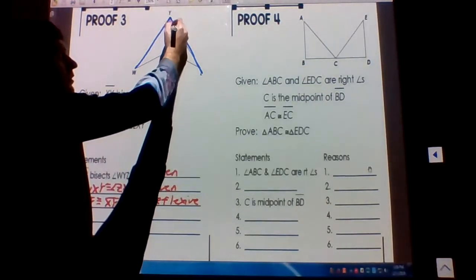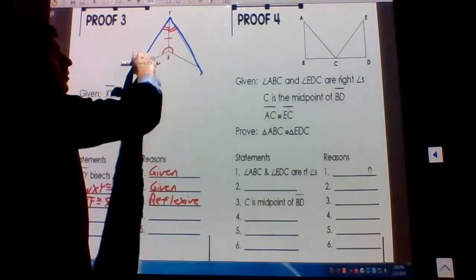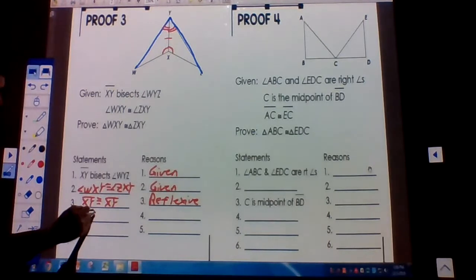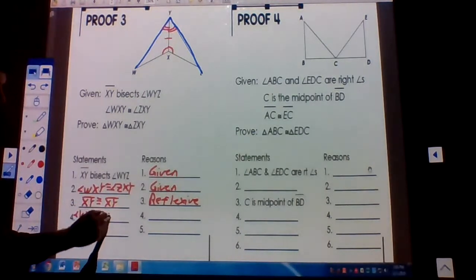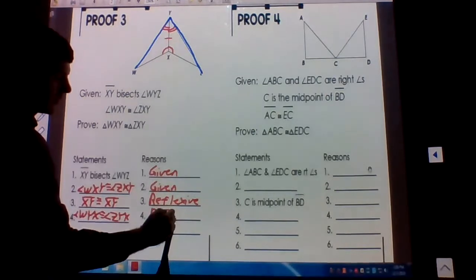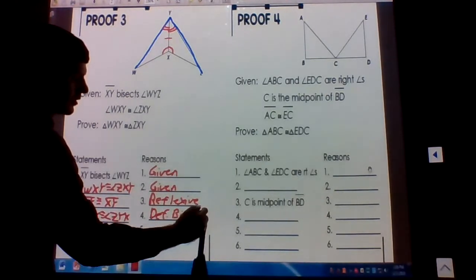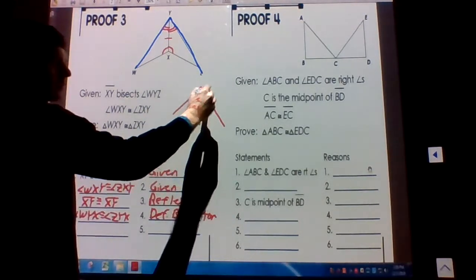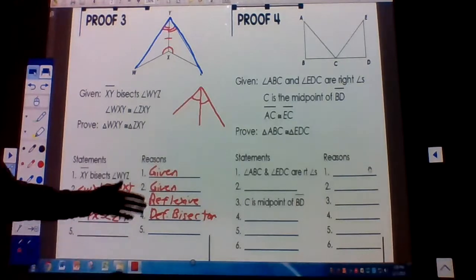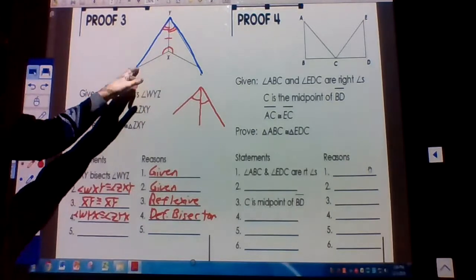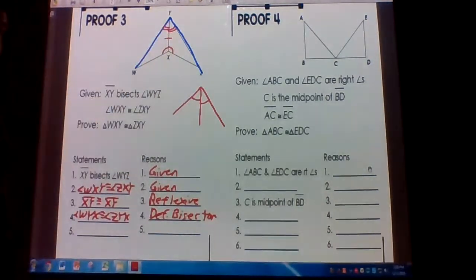So the two pieces are going to be angle WYX, and that's going to be congruent to angle ZYX, and that's the definition of a bisector, an angle bisector. Right, so if we have an angle, we cut it in half, we cut it into two equal pieces. That's what a bisector does, it cuts it in half. So segment XY bisects the big angle here, cutting it into two equal pieces.